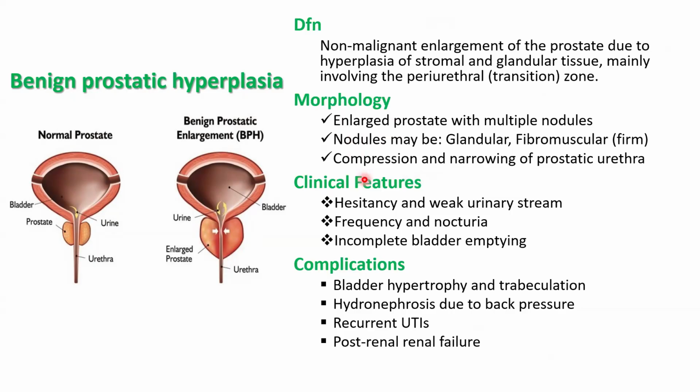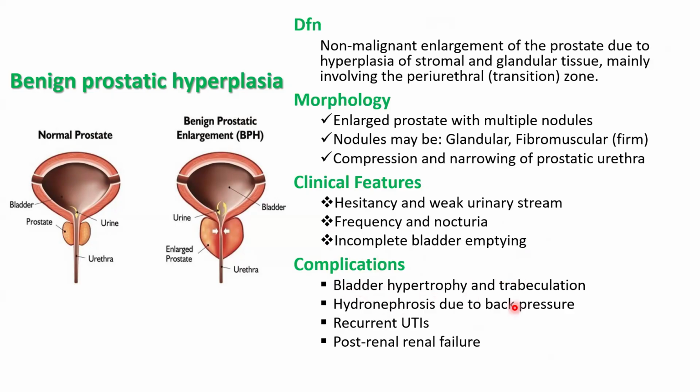Clinical features, of course, due to obstruction of urine flow: the person will have hesitancy and a weak urinary stream. The person will have increased urinary frequency, and incomplete bladder emptying, and then bladder hypertrophy.